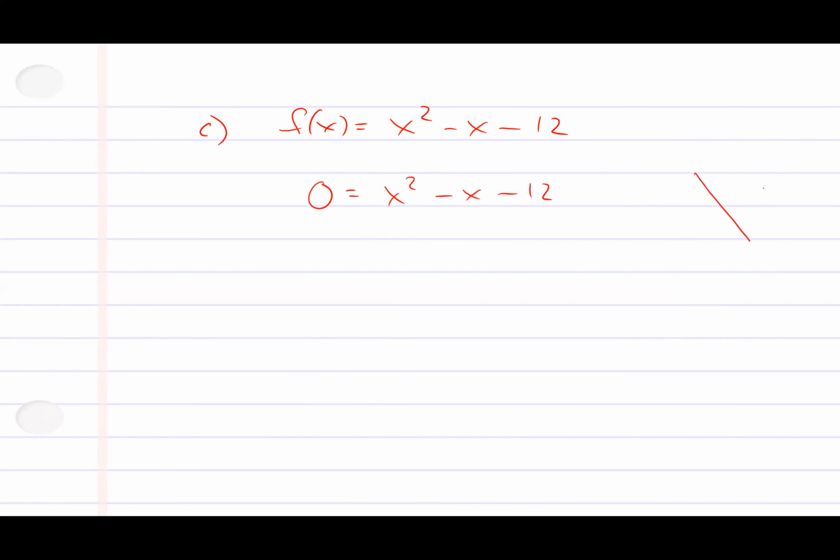Again, my preference is -12 on top, -1 on the bottom this time. Because I know this is going to factor, I might as well put my x's already where they're going to be. Two numbers that multiply to -12 and add to -1 have to be -4 and +3. Set each of them equal to 0.